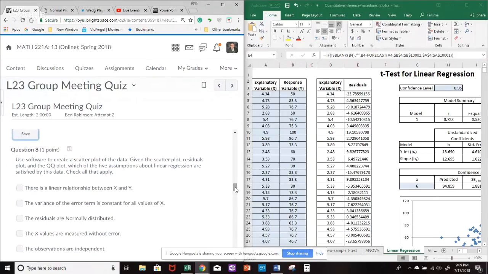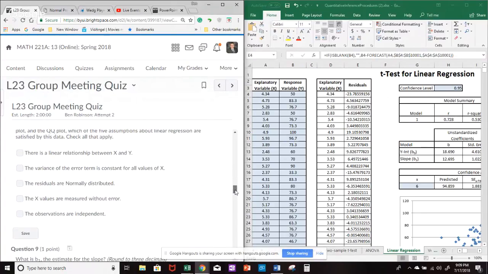Here, use software to create a scatter plot of the data given the scatter plot, residuals plots, and the QQ plot. Which of the 5 assumptions about linear regression are satisfied by this data? Check all that apply.